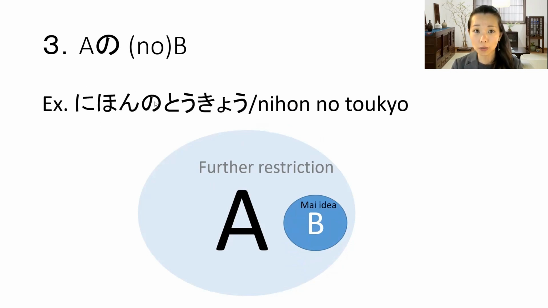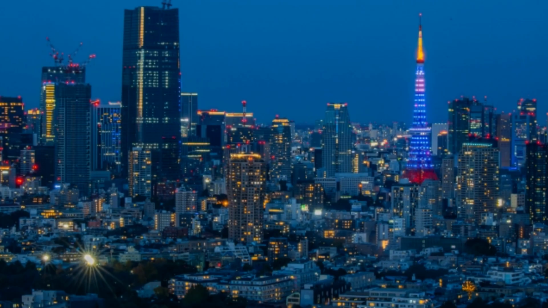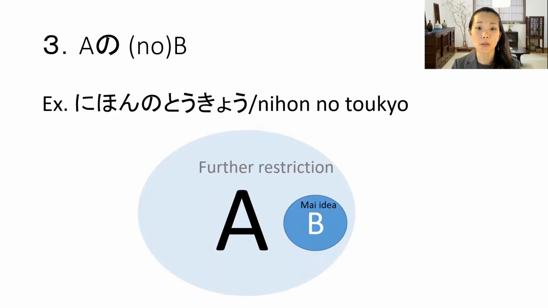Then we use の to connect the noun and noun. Then Tokyo is a city name, and of course you know Tokyo belongs to Japan. So that's the image.